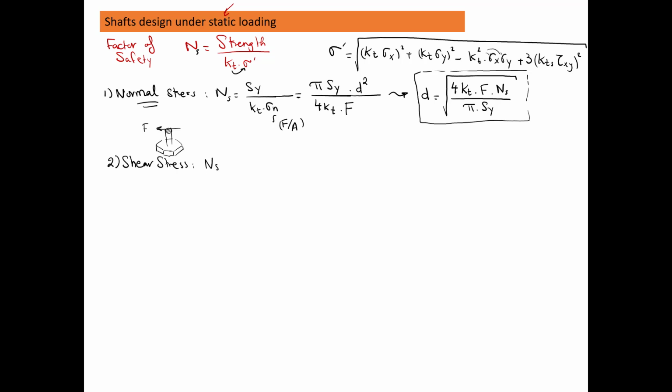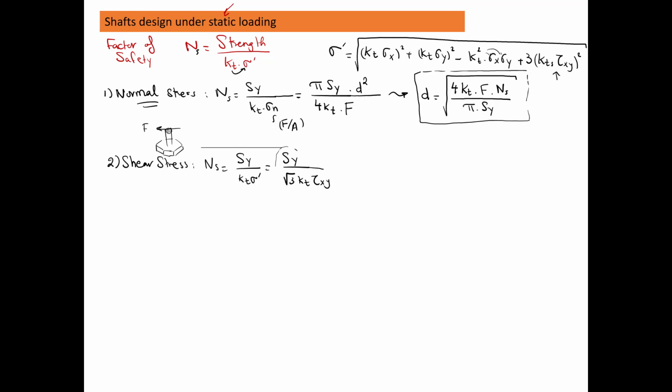So again, we'll have SY divided by KT sigma prime. However, notice that since we're doing shear, we have this as SY over square root of 3 KT tau XY.